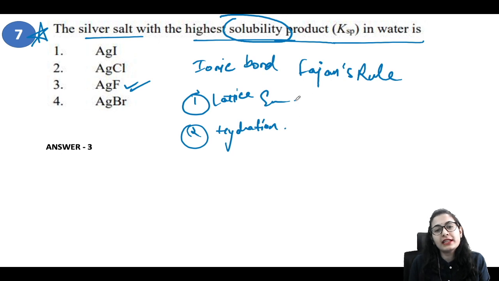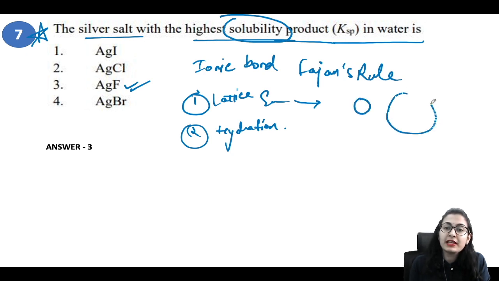But for the lattice energy, we need to understand the Fajan's rule application, that if the cation is small and if the anion is big, just like a Ag plus and a I minus, for example, then this Ag plus is going to be able to pull the electron density and distort the shape of I minus, and because of that the lattice energy decreases.